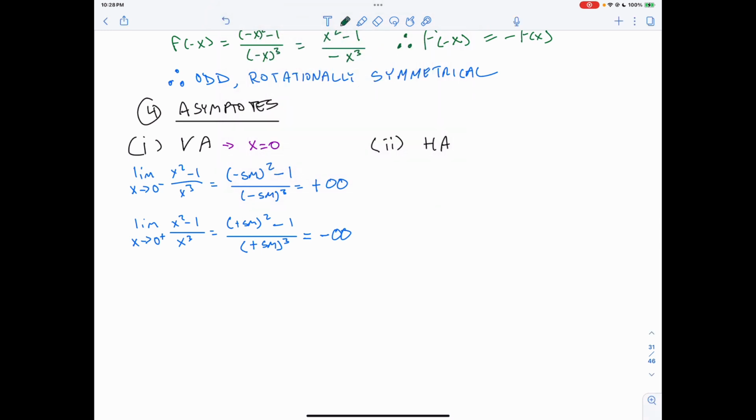For the horizontal asymptote, remember, we're looking at what is happening as the limit approaches positive or negative infinity. So I'm going to multiply every single term on the top and the bottom by 1 over x cubed.